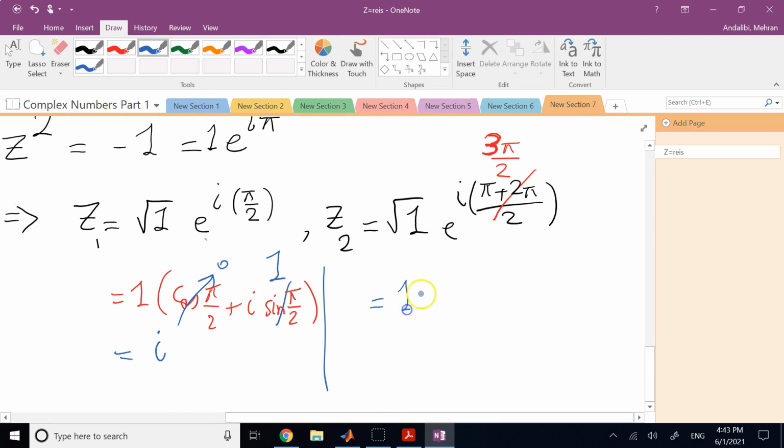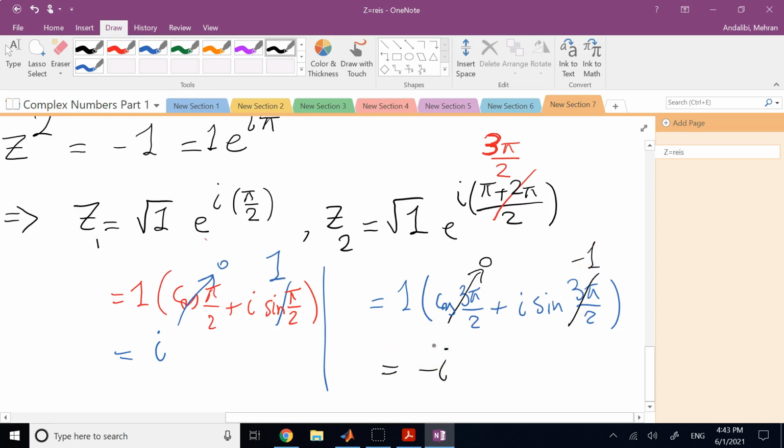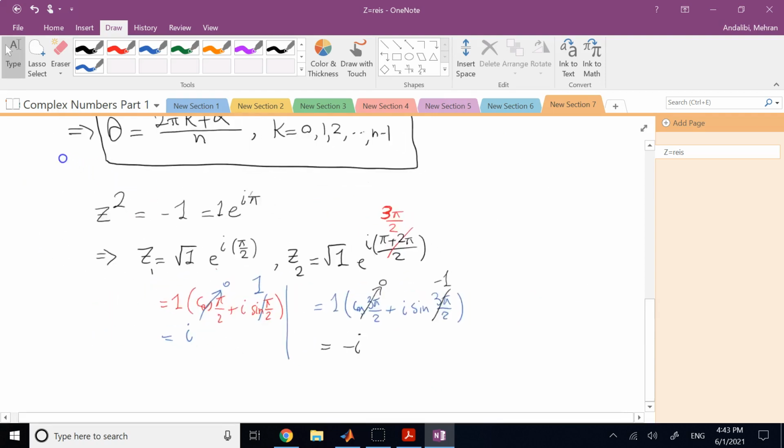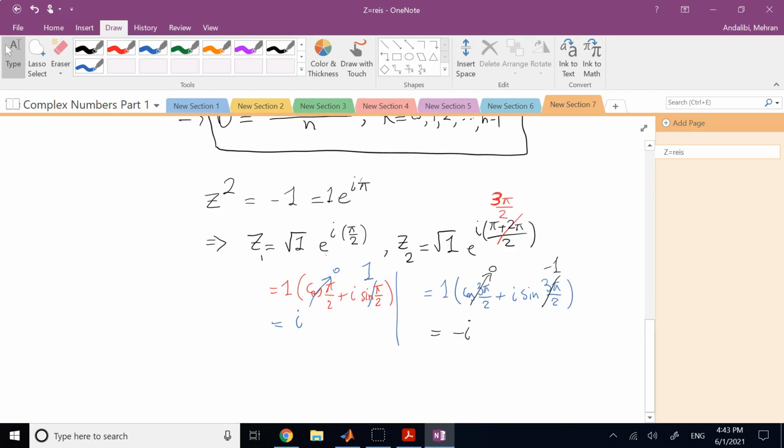This is going to be 1 times cosine of 3 pi over 2 plus I times sine of 3 pi over 2. And you know 3 pi over 2 has a cosine of 0 and a sine of -1. So it is going to be negative I. And that's what we had, right? We know if a square of a number is -1, then the solutions are I and negative I. So this complex number has 2 square roots.